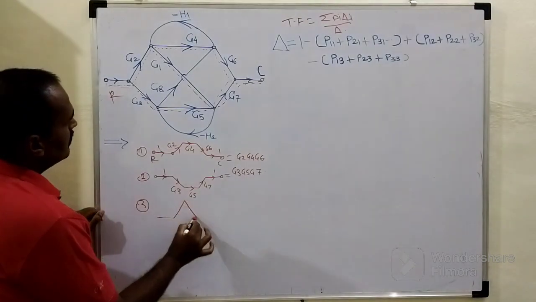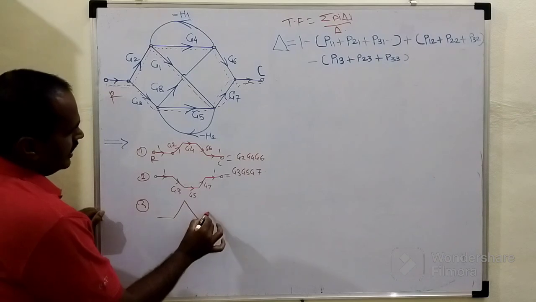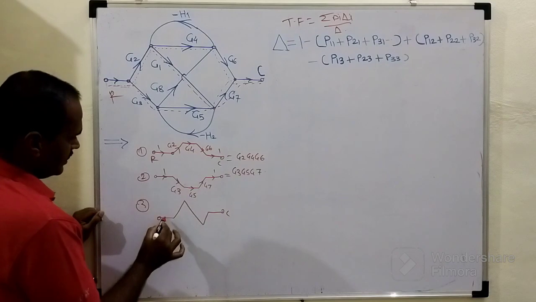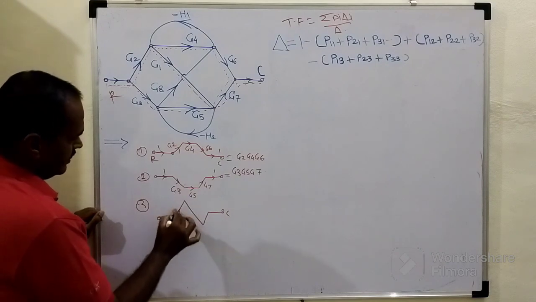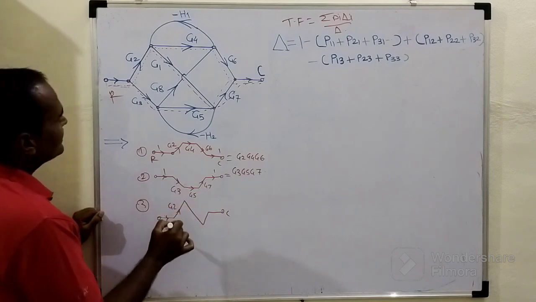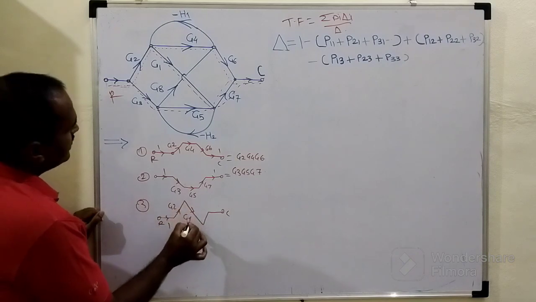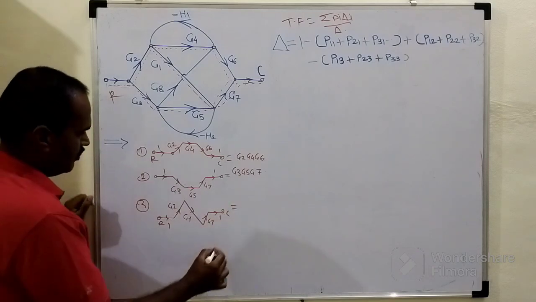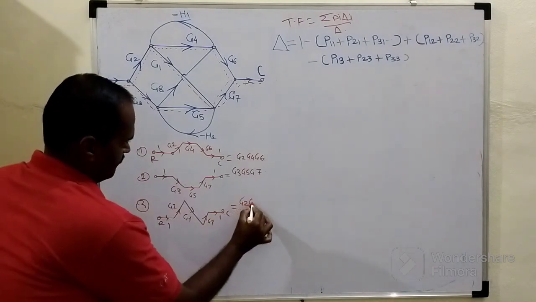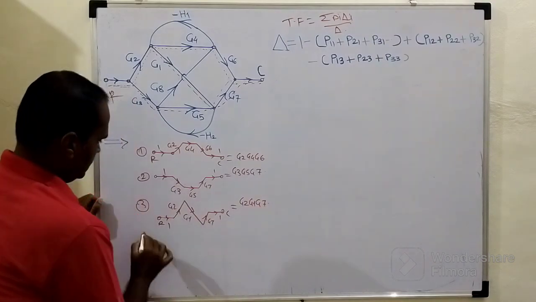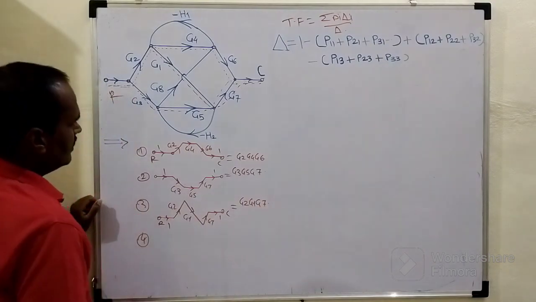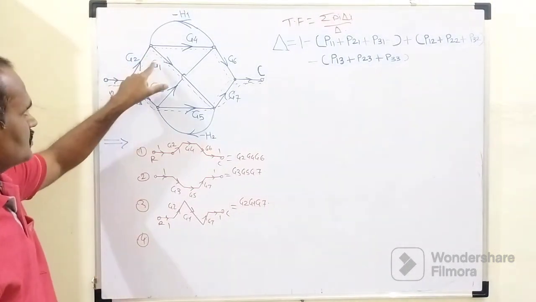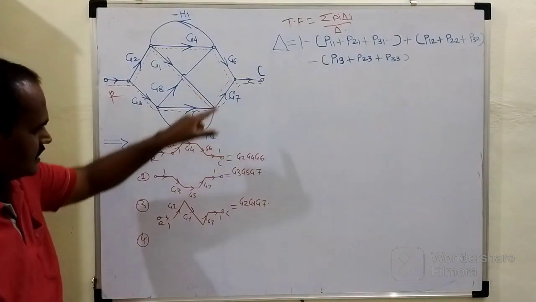This will be G2, this will be G1, this is G7, and this is C. So this is R, C. Here the gain is 1, here the gain of this path is G2, here it is G1, then again it is G7 and 1. So P3 equals G2 G1 into G7.